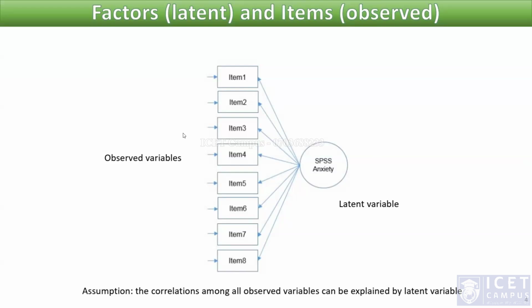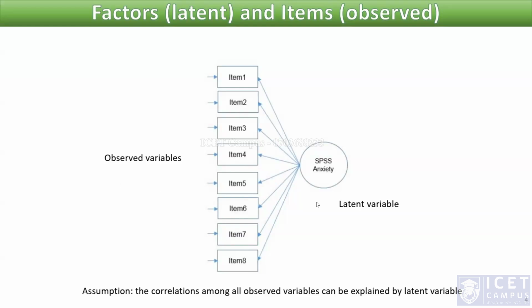These are the observed variables, and motivation is the latent variable. Likewise anxiety is a latent variable, and to find out about anxiety the participant should answer all eight items. Otherwise we can't tell about this anxiety. That's what I wanted to explain.